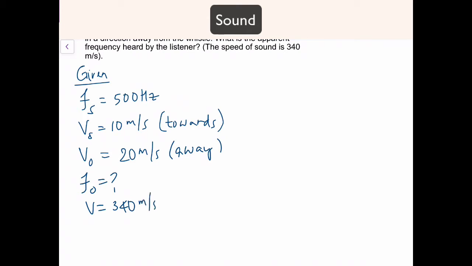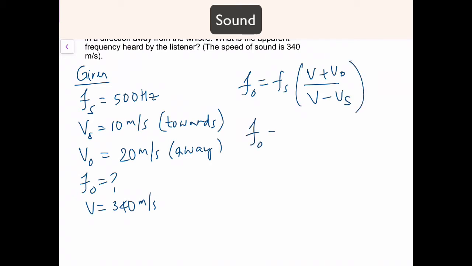When that happens, the equation that you will want to apply is the frequency heard by the observer equals the frequency of the source times (V plus V naught) divided by (V minus Vs). So the frequency of the source is 500, V is 340, plus or minus.